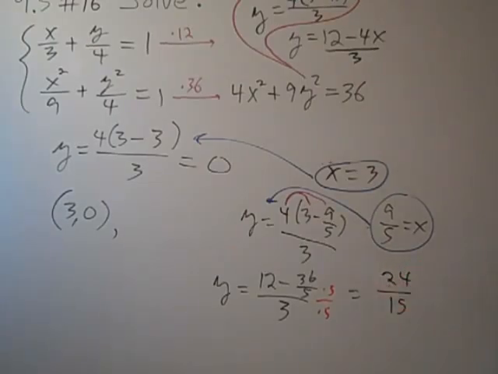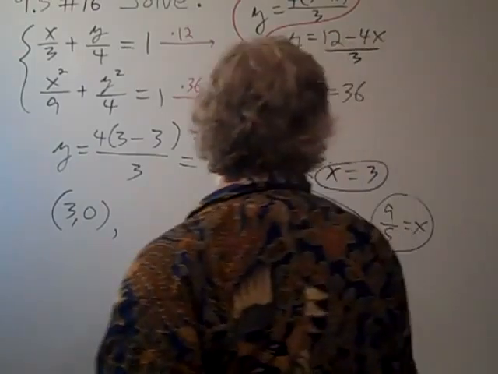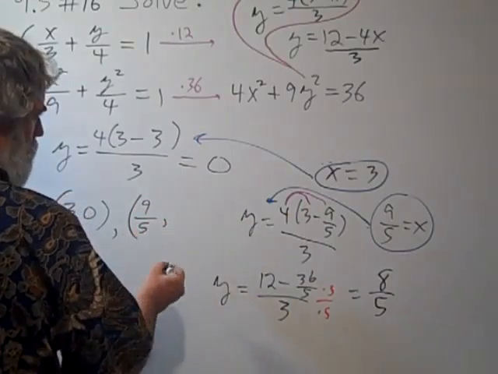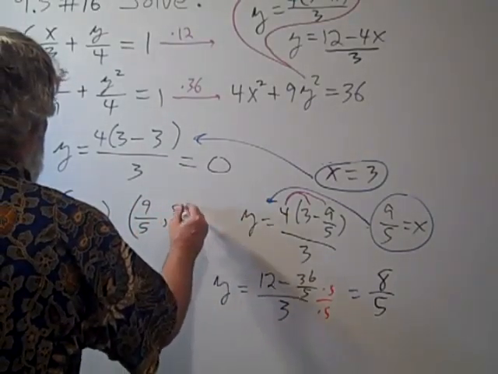And 24/15, 3 goes into 24 8 times, and 3 goes into 15 5 times, so 8/5 for y. So that gives us the point with x coordinate 9/5 and y coordinate 8/5.